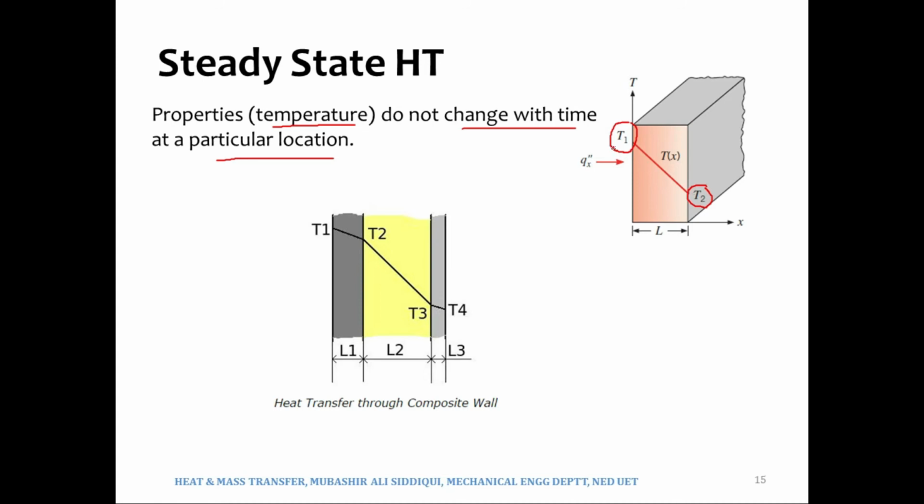So the temperature would vary from location to location, but at a particular location, for example at this x, if it is not changing with time, then this heat transfer would be termed as steady.